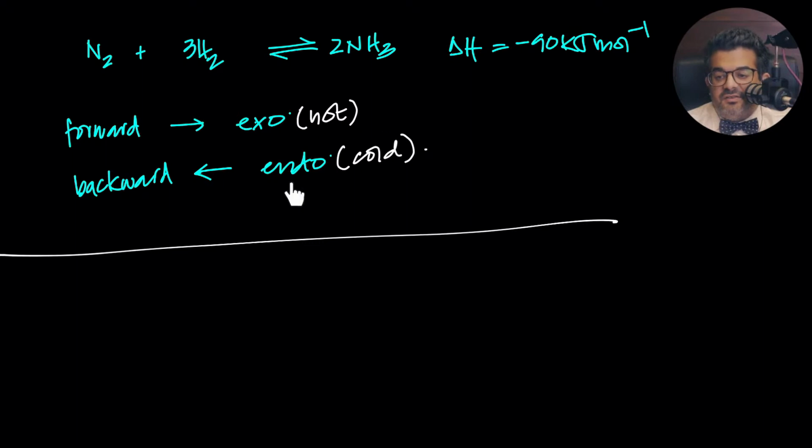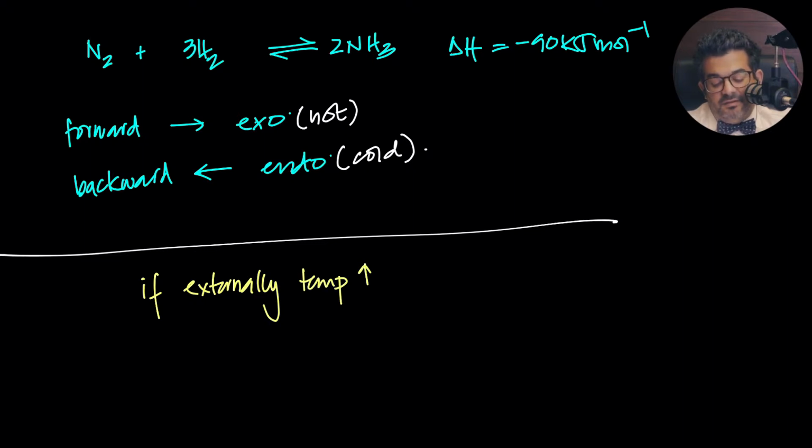The forward reaction is exo, the backward is endo. Now, to this equilibrium, let's say if externally temperature is increased, what will the equilibrium try to do in terms of temperature? What will the equilibrium want to do in terms of temperature?